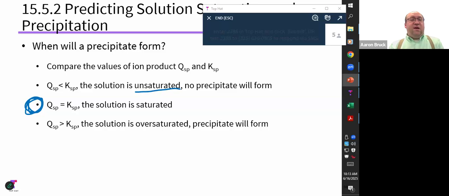If we do the calculations, however, and we find that Q is greater than K, then that means that we've hit the saturation limit and then some. And so not only will we no longer see dissolving take place, any of the extra ions that were present in those solutions prior to mixing are going to start to precipitate out into a solid.